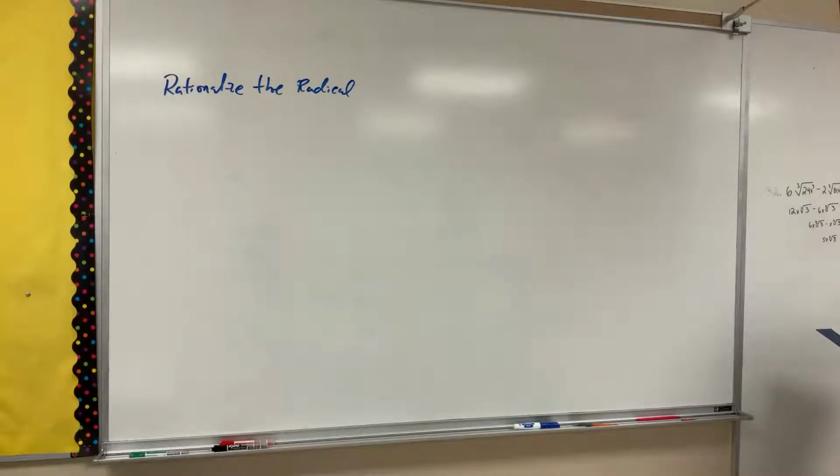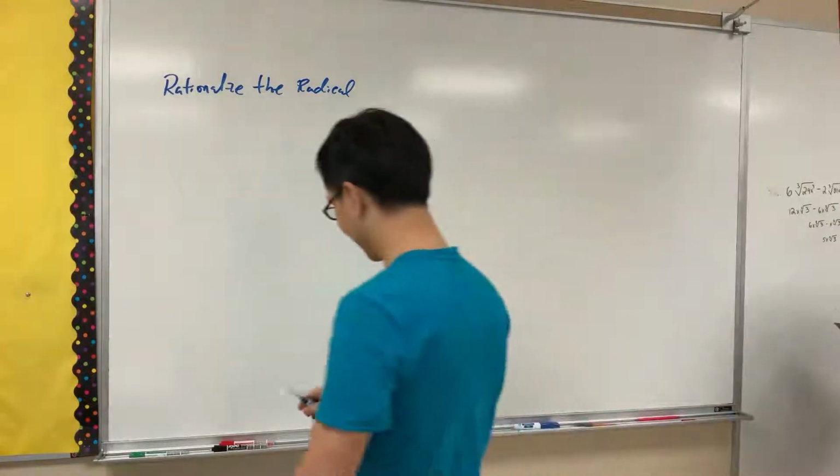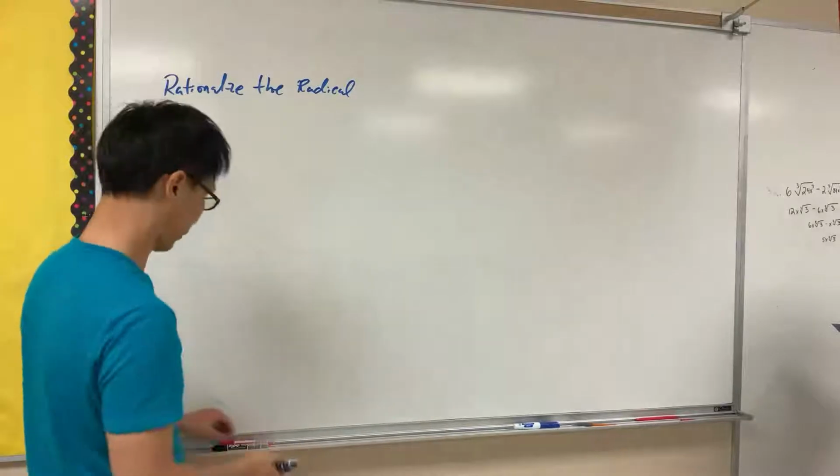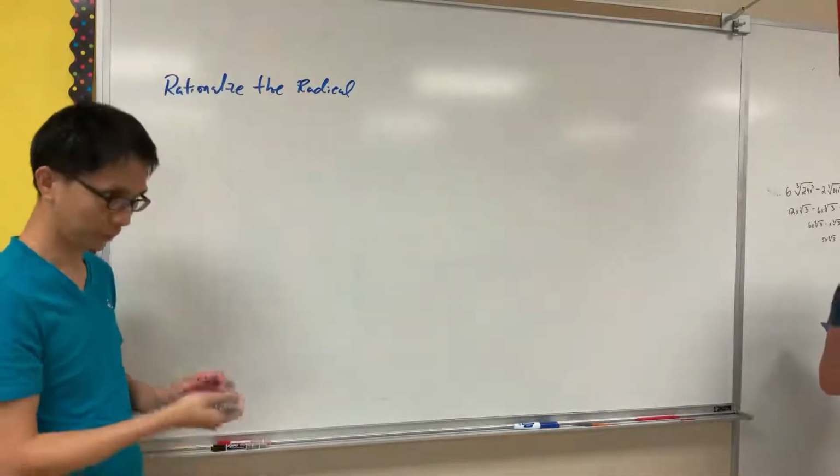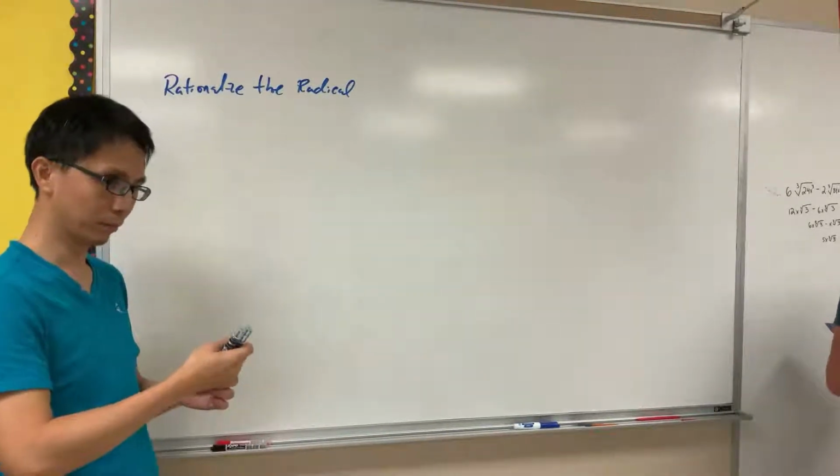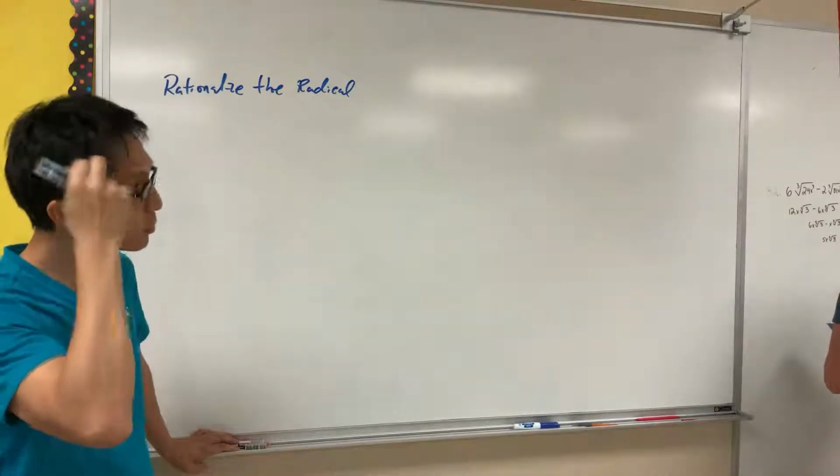Anyway, so times, and then we can simplify this to the cube root of y to the 3rd. Okay, so we're going to rationalize the radical. So then this just simplifies to y. Minus 3y times cube root of y minus cube root of 3.